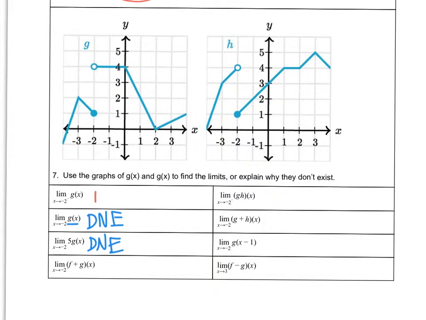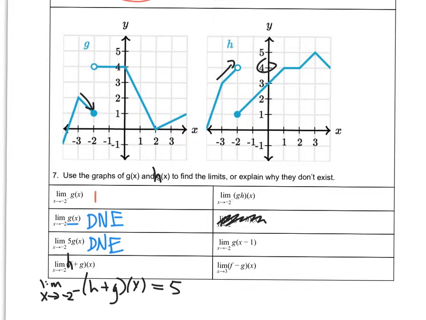Okay, back in action. So this is going to be h plus g of x, and we're going to take a look at the left and the right. So it's actually the same thing as this guy over here, so I'm going to ignore that. So h of x, as we approach the value from the left, we're approaching a positive 4 and a positive 1. 4 plus 1 would be 5.